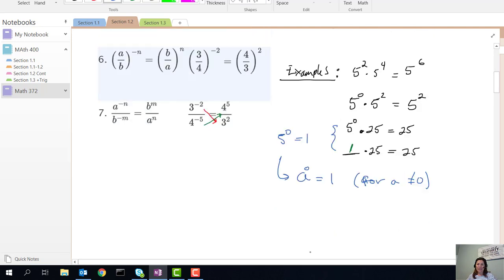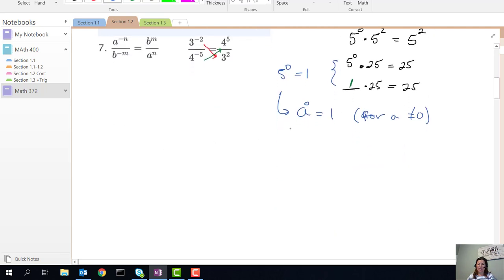And now that we know that, we can also talk about negative exponents in this way, right? If I have 5 to the minus 2 times 5 to the 2, now that I know what 5 to the 0 is, we can look at same bases, so we keep the base and we add the exponents. Negative 2 plus 2 is 0. And now we know what 5 to the 0 is. So 5 to the minus 2 times 25 equals 1.